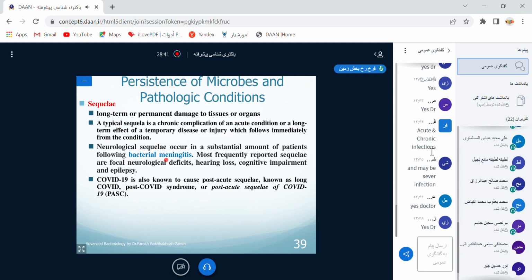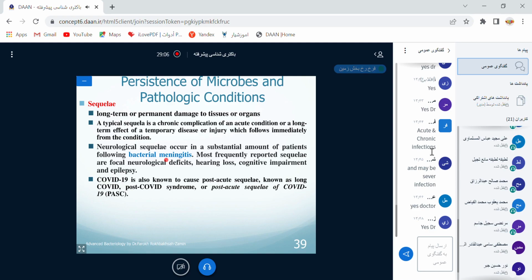So when there is meningitis and the causative agent is bacteria, if those bacteria are present for a long time, especially in chronic infection, they can lead to neurological sequelae, meaning damage to the nervous system.